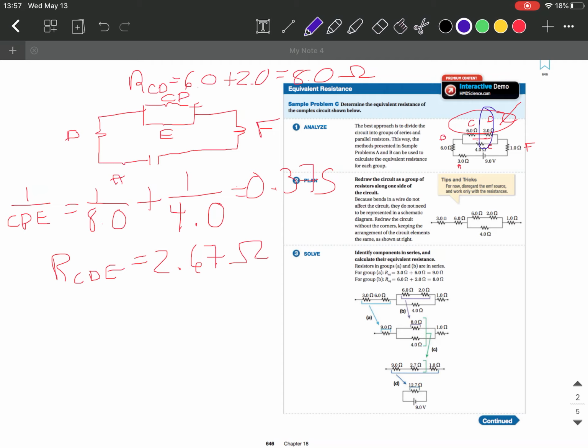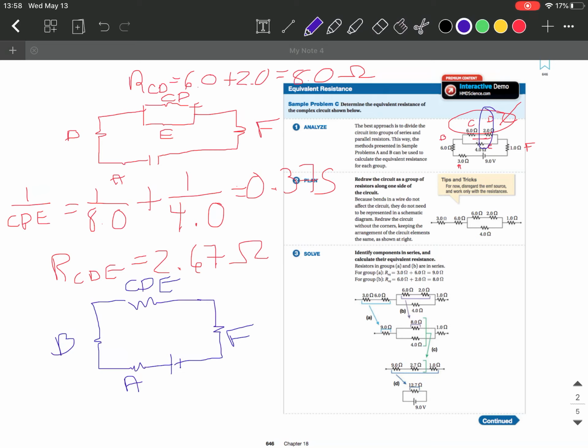So now let me do my next, which is going to be once again my 9-volt battery. And now I have A, B. I combine those three. Okay, and I have A, B. At the top, I have the combination of C, D, and E. And over here, I have F.